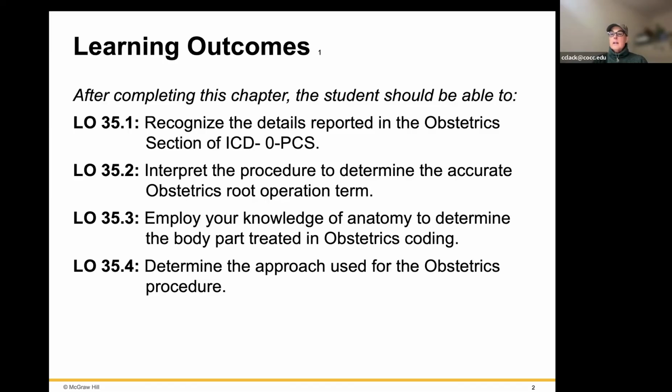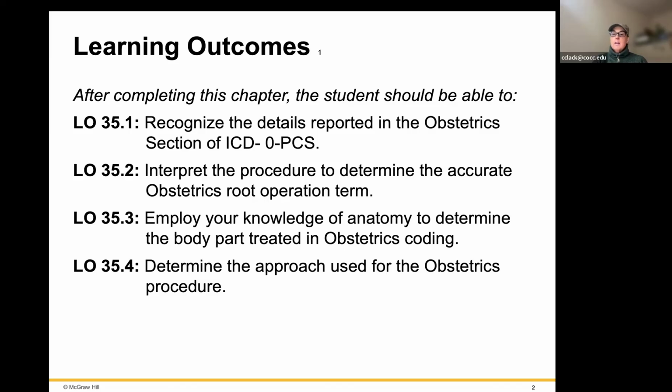First, you're going to learn how to recognize the key details that drive obstetrics PCS codes. Things like what was performed, when it was performed in the course of labor delivery, and what the documentation is actually describing.